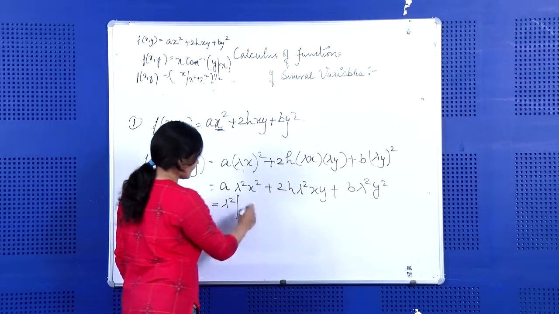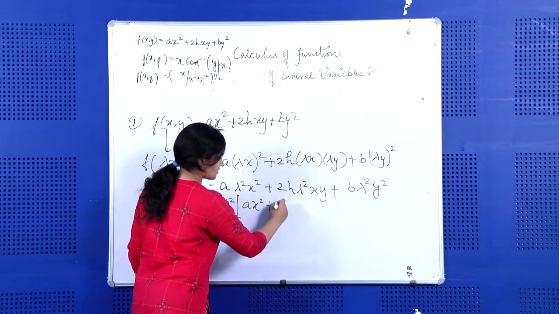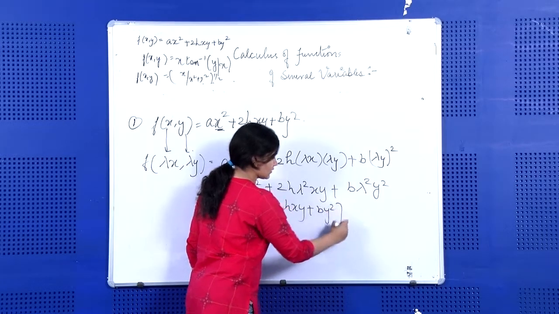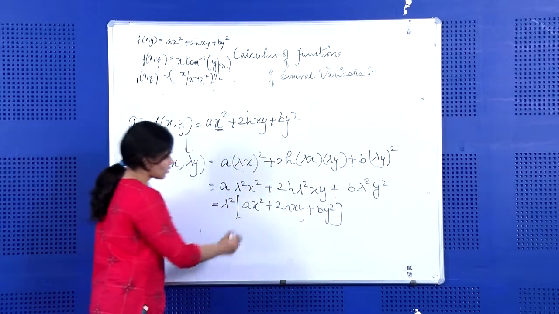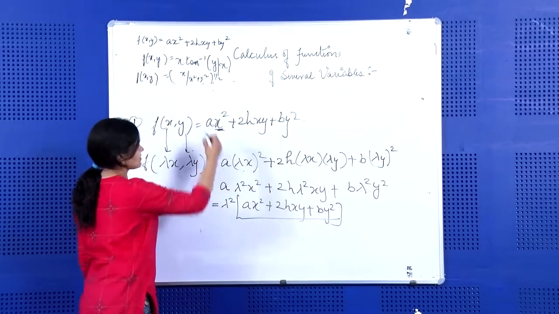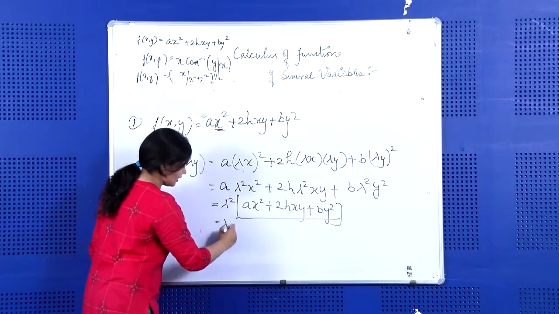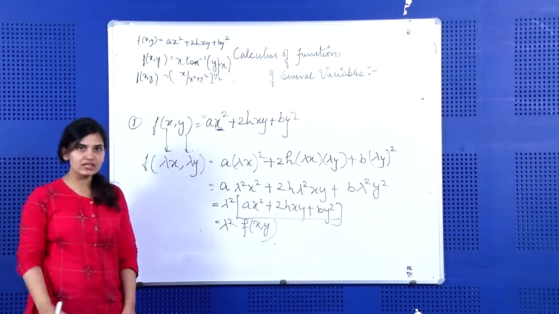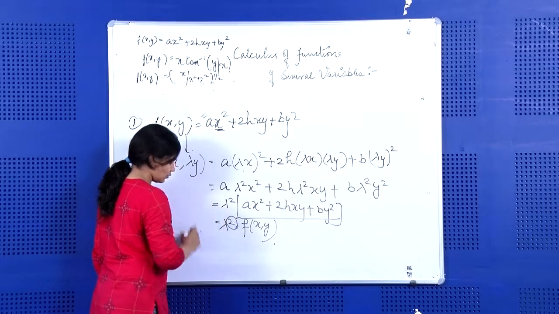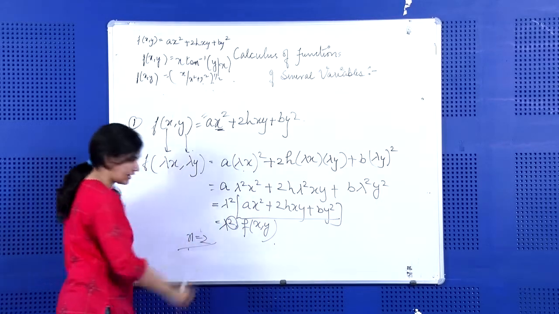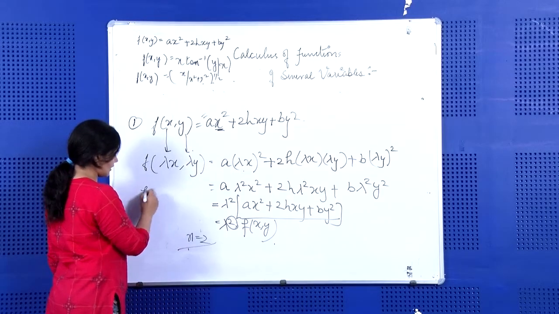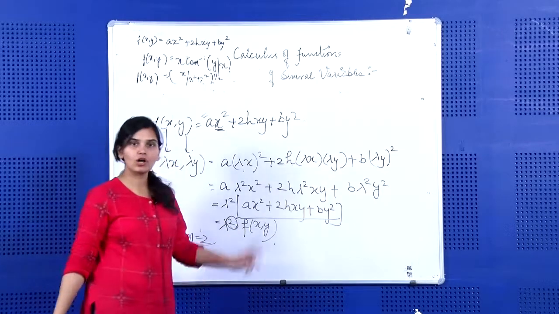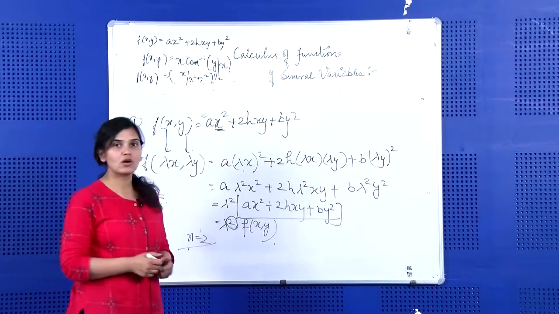I will be left with a x square plus 2h x y plus b y square, and we can notice it is the same f of x y, so we can replace it with lambda square into f of x y. So yes, it is homogeneous, and it is homogeneous of degree 2. So here n is equal to 2, n stands for degree. We can also write rho for degree, rho is equal to 2. Whatever the power of lambda we are getting, that is the degree of the homogeneous function.